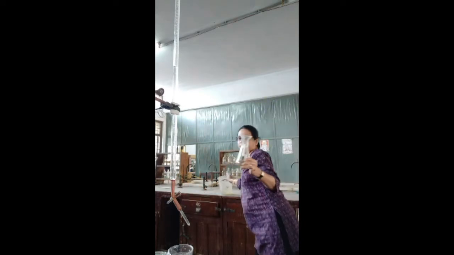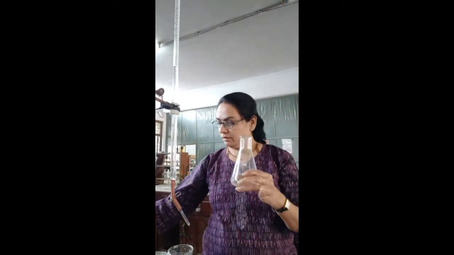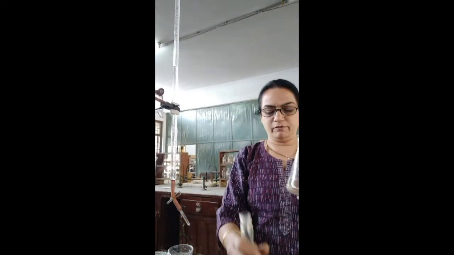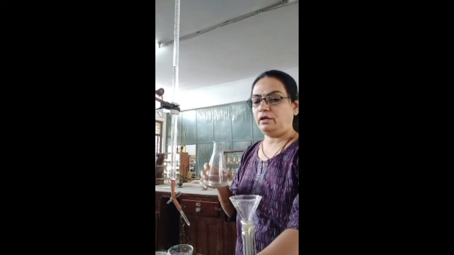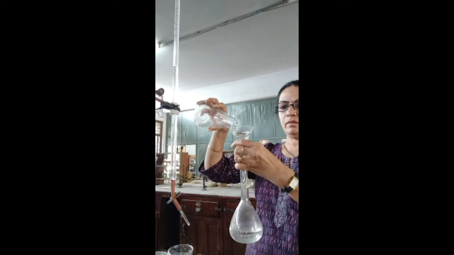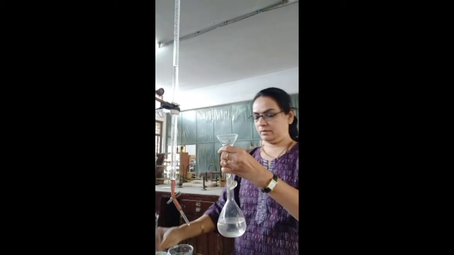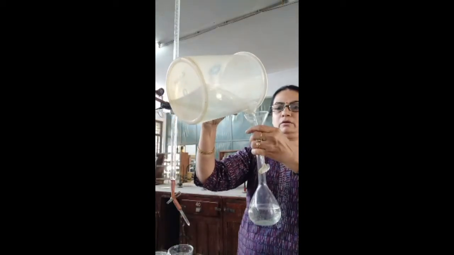Otherwise, we add distilled water into this. We have added distilled water, and then transfer it into the measuring flask. This solution is transferred into the measuring flask, and again diluted up to the mark.